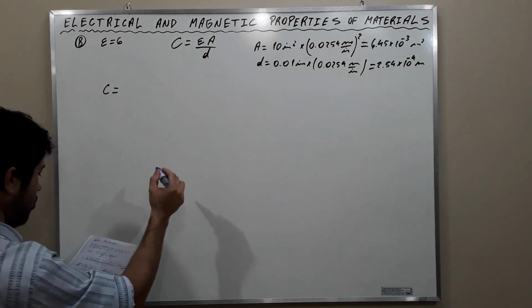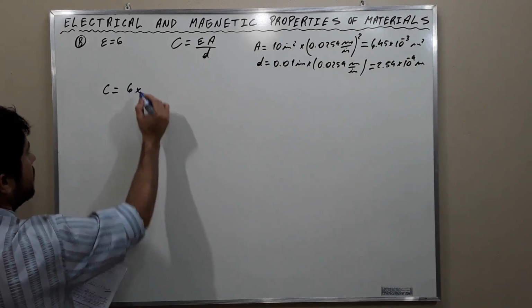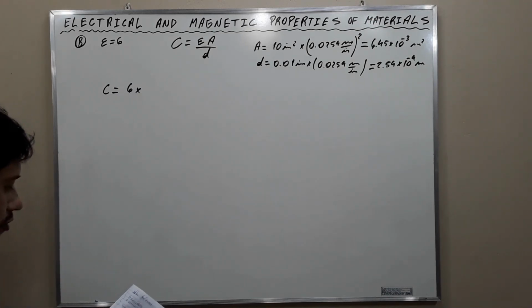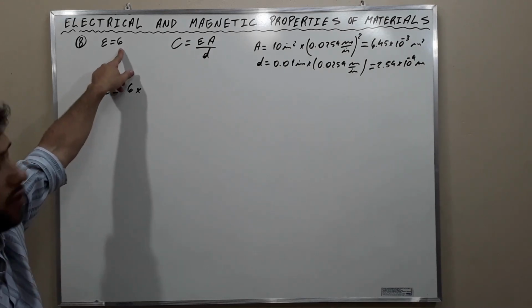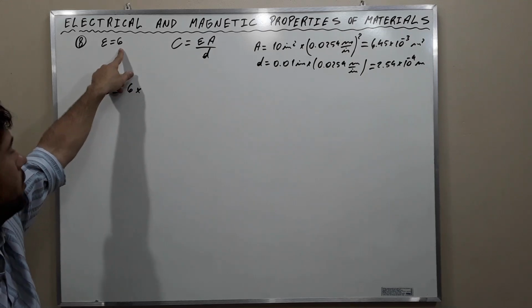C is equal to 6 times the permittivity of mica. This is the relative permittivity.